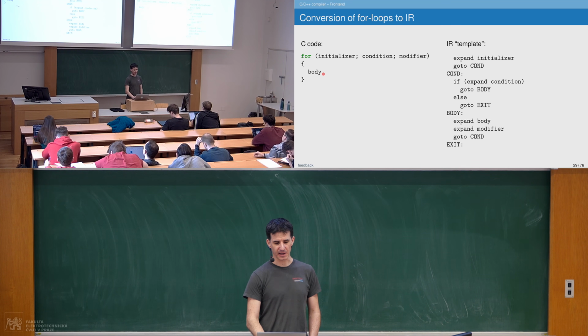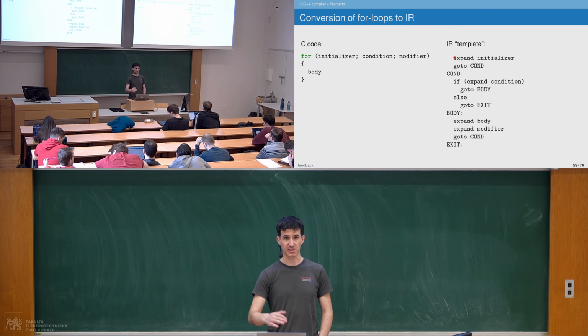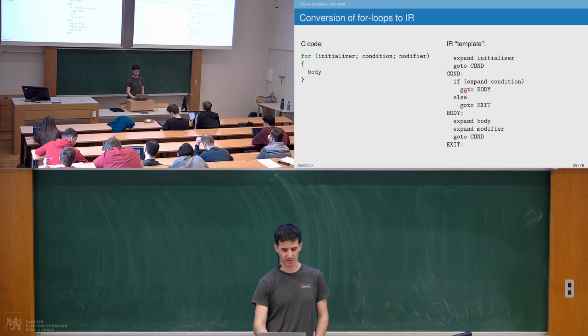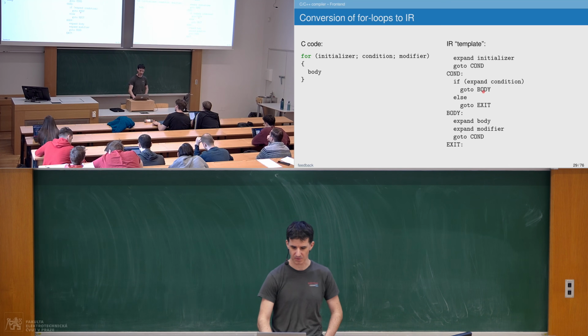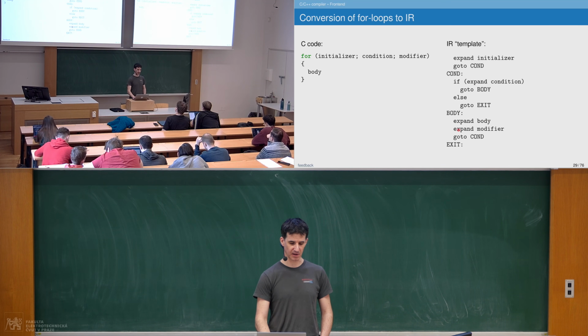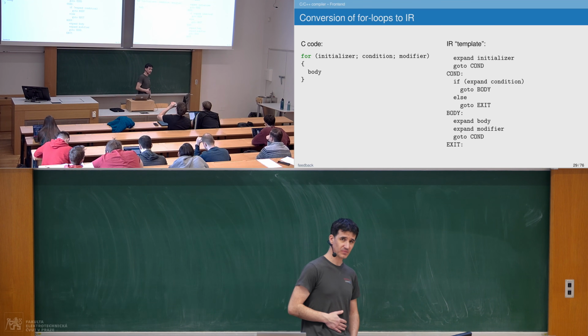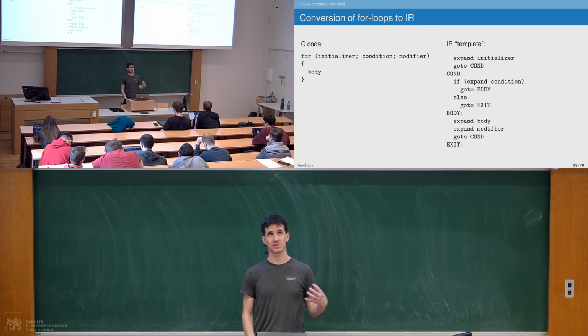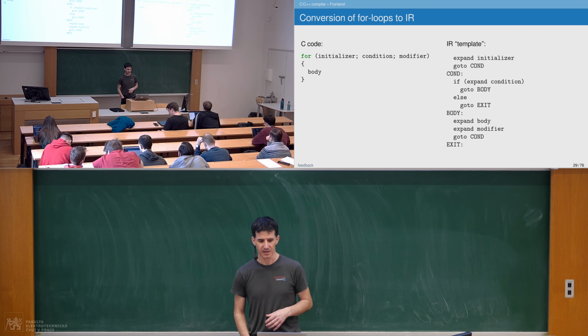A for loop in C looks like this: there is an initializer, condition, modifier, and body, and the template says: expand whatever is the initializer, so generate intermediate representation of the initializer, then insert a goto instruction, then generate intermediate representation for the condition, put it into the if, and depending on the result, go to this label or that label, and then expand the body of the cycle, expand the modifier expression, and then go back to the condition.